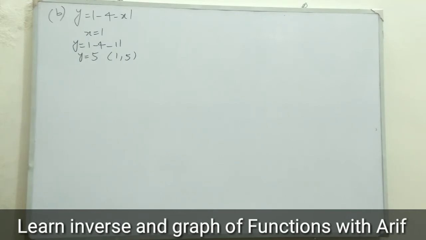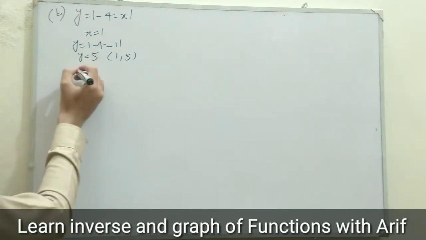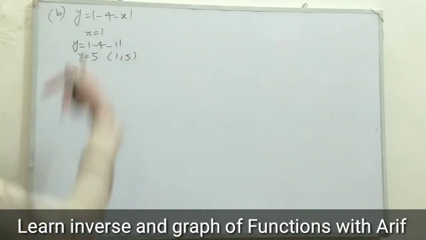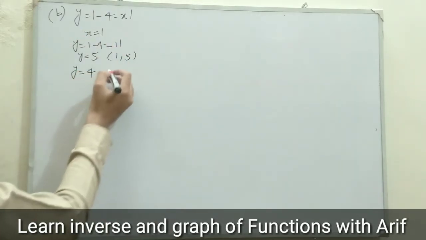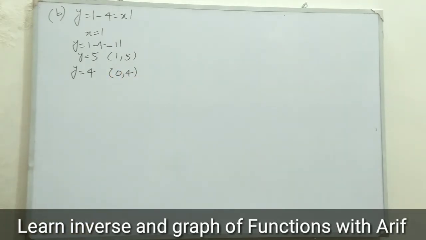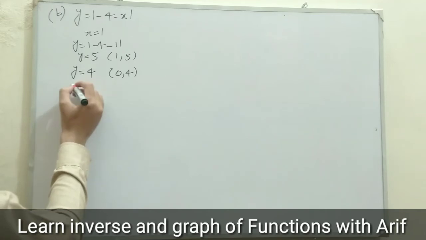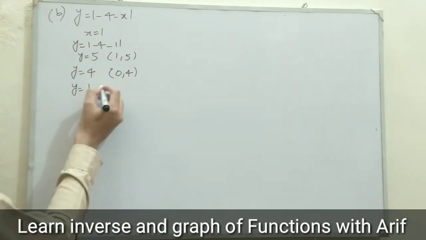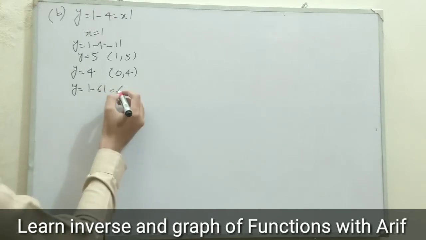Now I assume x is equal to 0, so it gives us absolute -4, which is equal to 4. So at x is equal to 0 we get y is equal to 4. Now I put x is equal to 2, so it becomes -4 minus 2, which gives us absolute -6, and it is equal to 6.